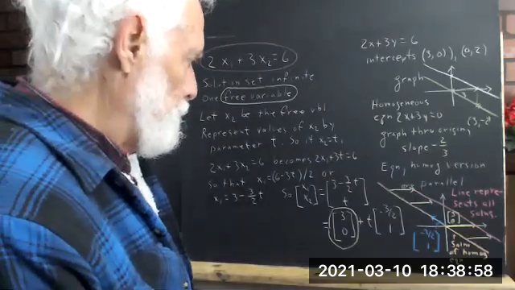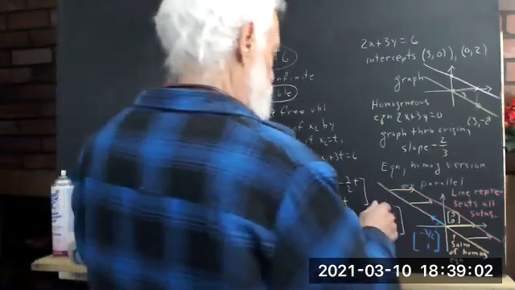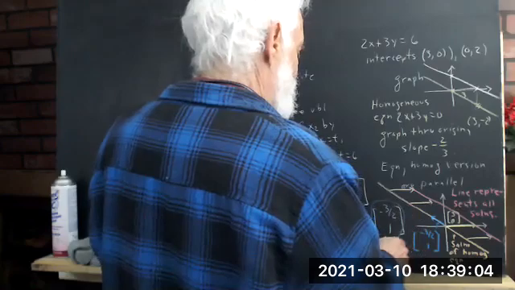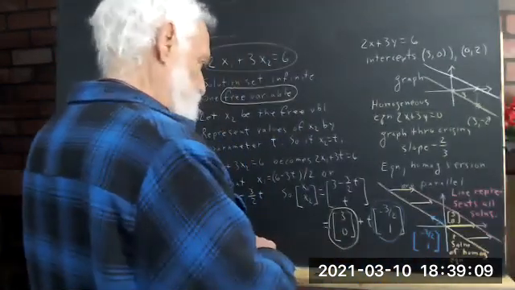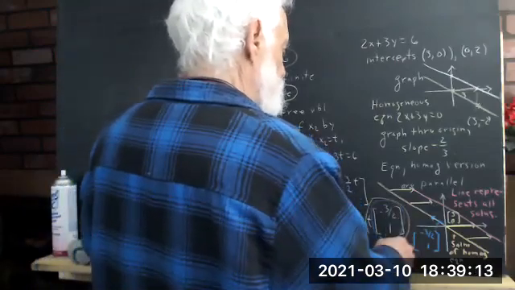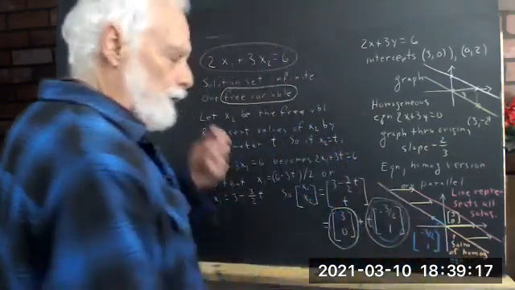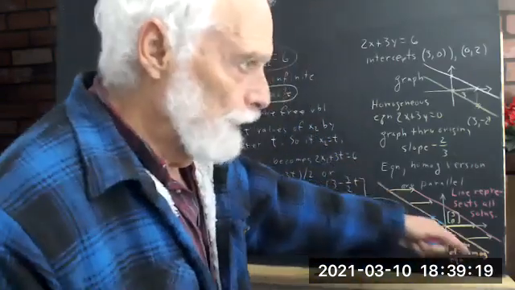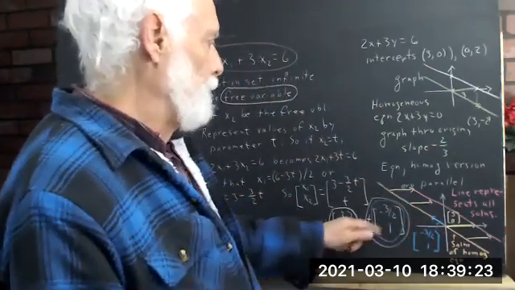Okay, so just to finish the color coding, this vector is here. T times this vector is going to give us vectors that end at points on this line, and every such vector will be of this form.